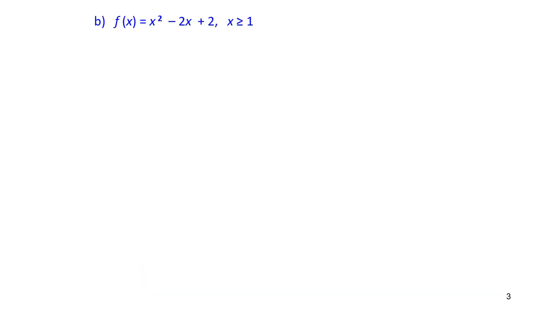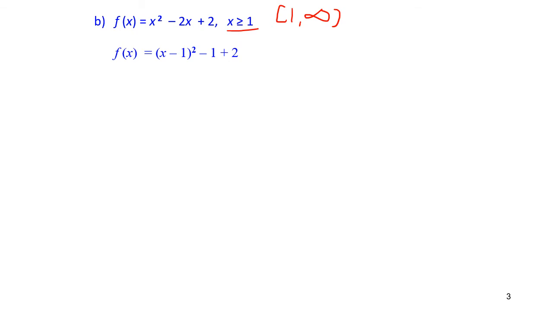Right, so first we find the inverse for the restricted domain [1, infinity), that is for x greater than or equal to 1. In order to make it easier for us to find the inverse, instead of using the original quadratic, we will use the standard form.